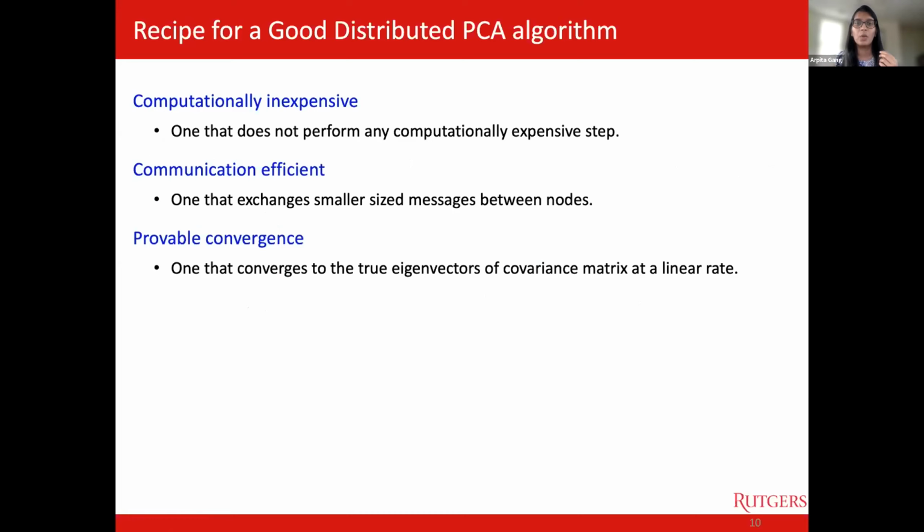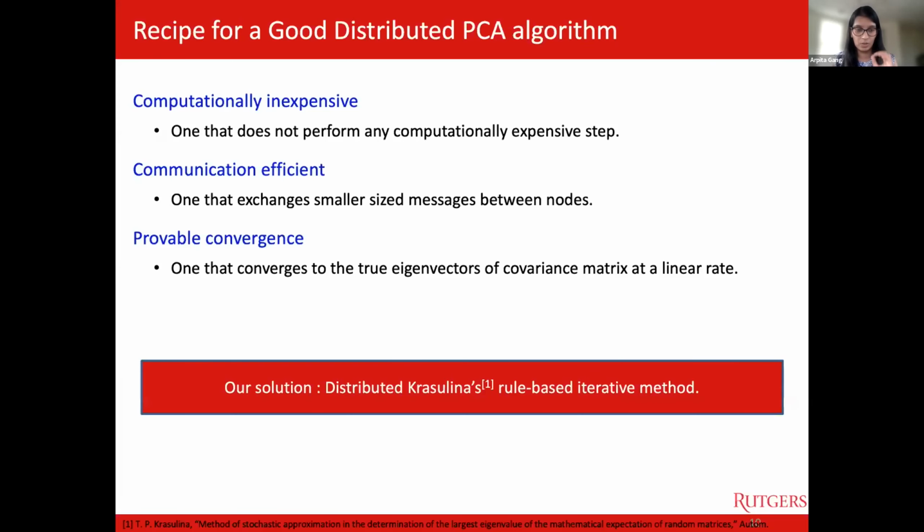And we also want an algorithm that we can prove mathematically converges to the true eigenvectors of the covariance matrix at a fast rate. That's the focus, and for that our solution is a Krasulina-based method.